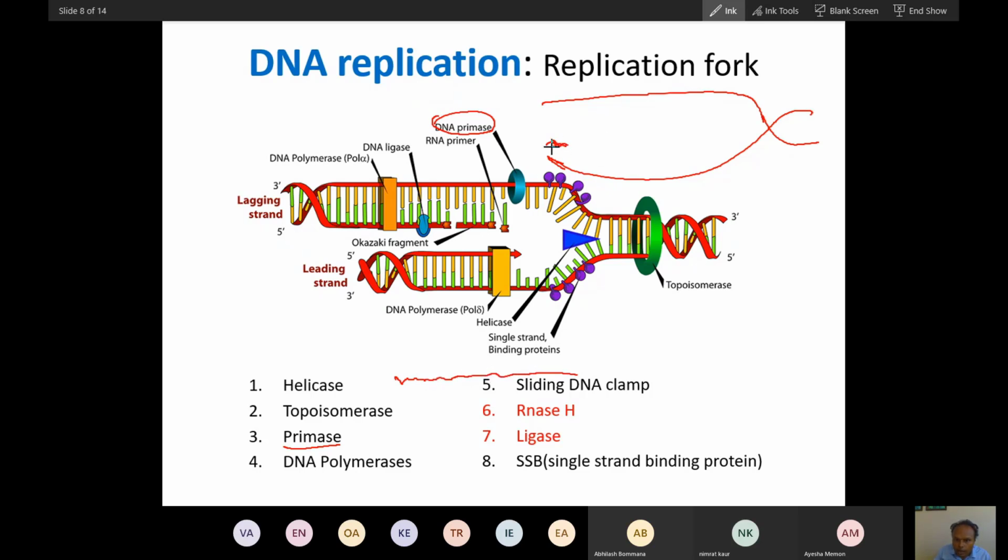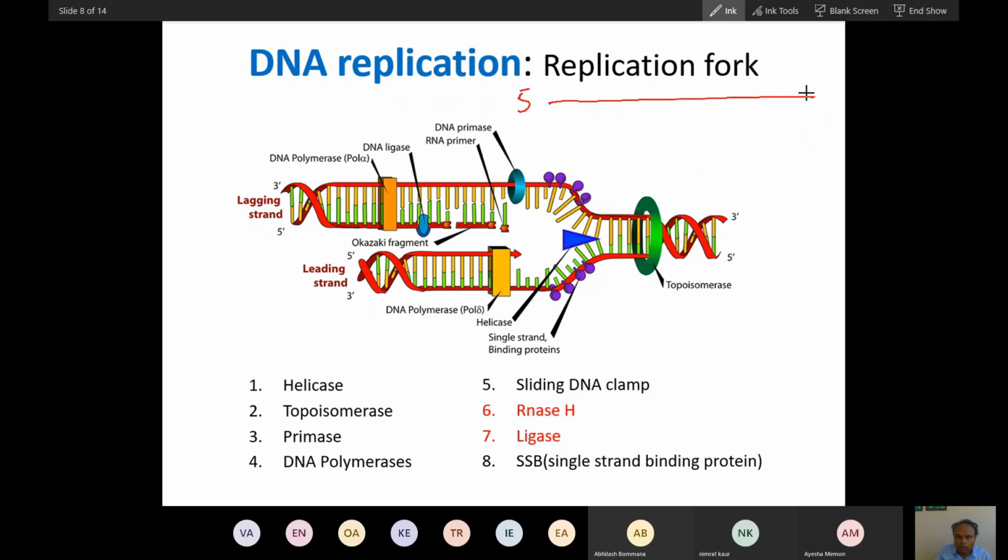Now I will draw a straight line so you understand this. This is 5' to 3', and this is 3' to 5'. This is the leading strand and this is the lagging strand.